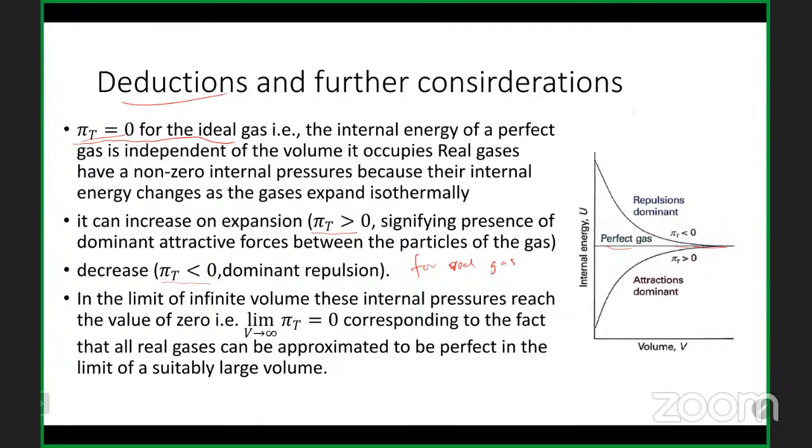That will also depend on the pressure of the system. It has been observed that if pi T is less than 0, repulsive interactions are dominating, which is when you have high pressure. And if pi T is greater than 0, attractive forces dominate.